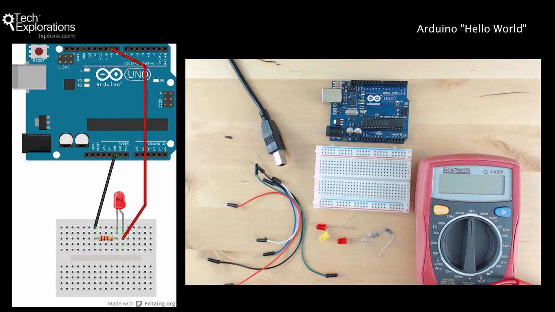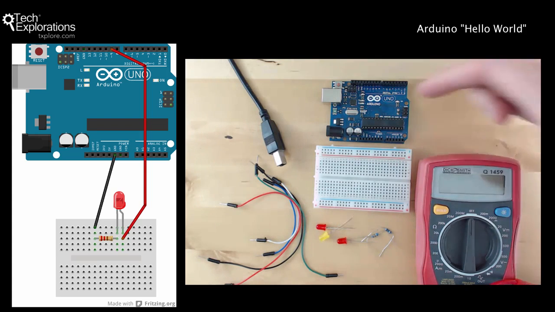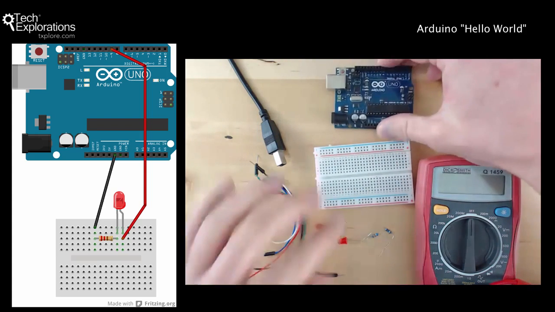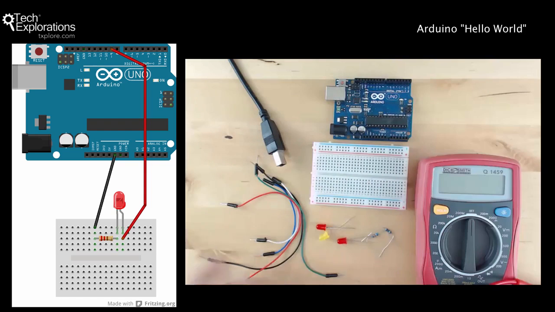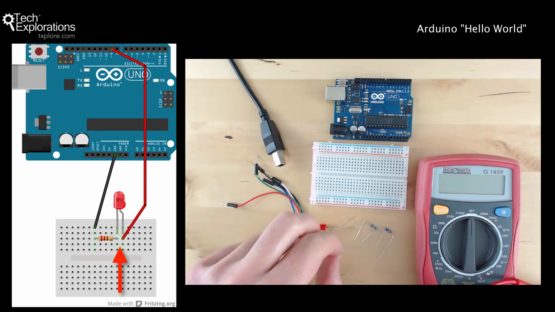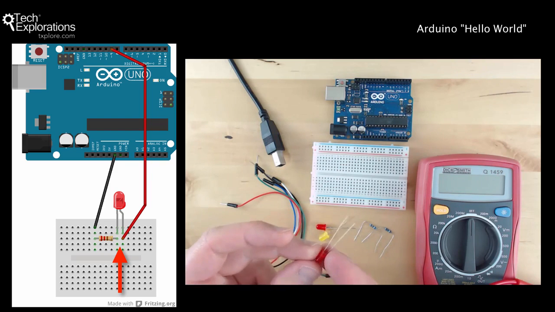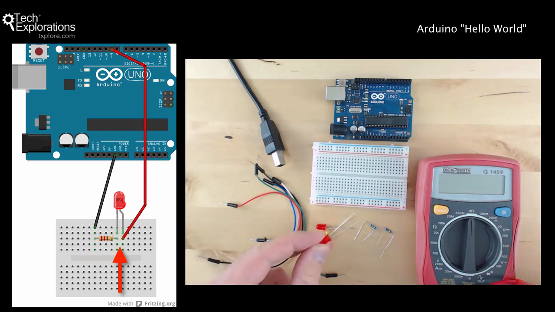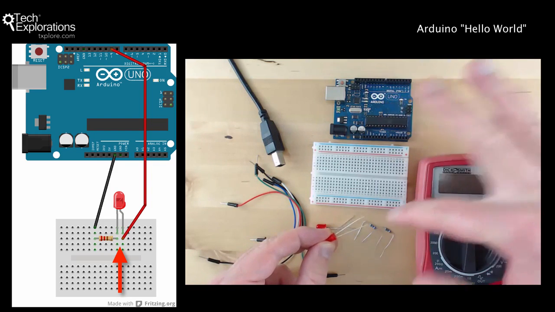Okay, so let's get started with this. We've got a completely blank slate. I've got my Arduino Uno here, a breadboard, a bunch of wires, some LEDs and a couple of resistors. So I'm going to get started perhaps with the LED. I'll put that on the breadboard first. Now notice here that the LED has got two pins, long and short.